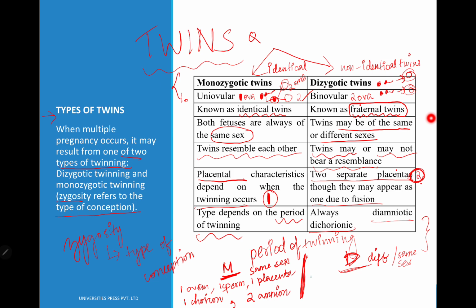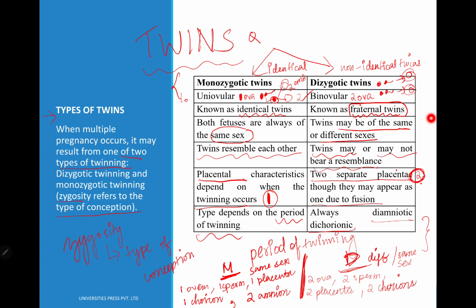It is the result of two ova, two sperms, two placenta, two chorions. So two placenta and two chorions will be there.